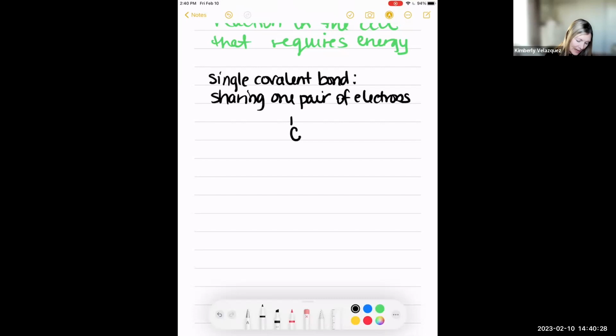And a good example of that was methane. Double covalent bond is sharing 2 pairs of electrons.